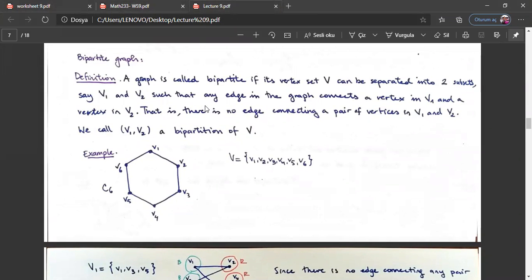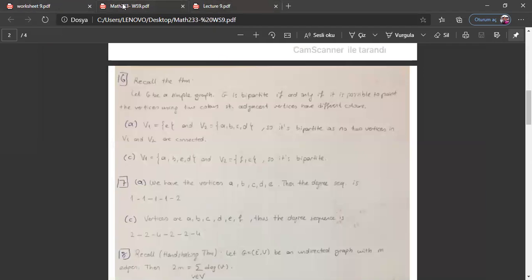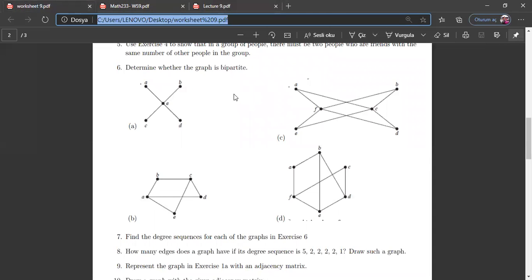We need to separate the vertex set of the given graph into 2 vertex sets such that there is no edge between any 2 vertices in one set, and the same holds for the other set. We will apply the theorem, and at the end we will check if the definition holds or not.